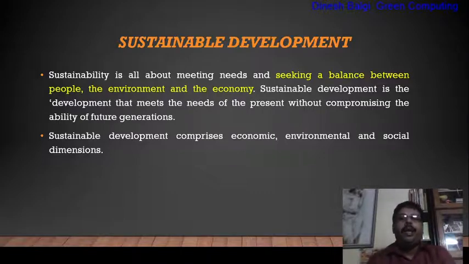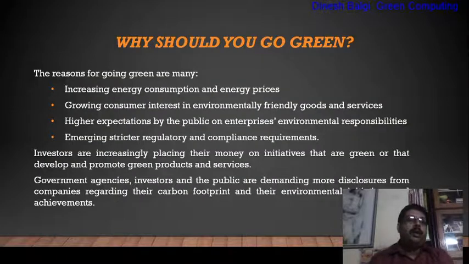But in many areas, sustainability is done by balancing between people, environment and economy, and that is what we call sustainability or sustainable development. It comprises the economic, environmental and social dimensions. That means all the things are kept under consideration and accordingly the changes are done.